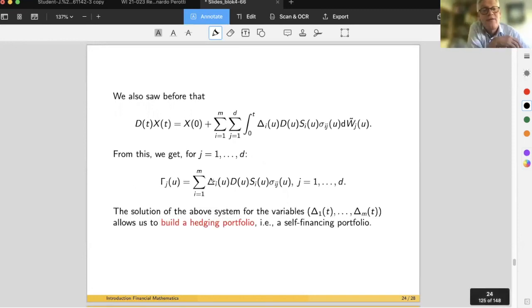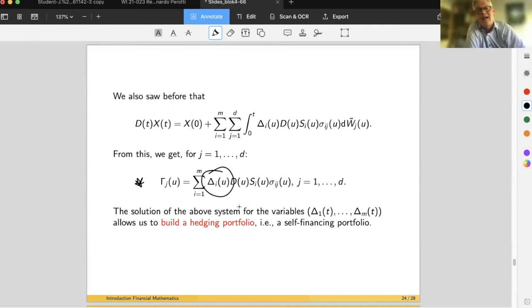And with this, of course, we can use this equality to look for the individual delta_i's. The solution of this system forms the basis for the number of stocks, from stock 1 until stock m: delta_1(t), delta_2(t), up to delta_m(t), the number of stocks that we should keep in our portfolio in order to build a hedging portfolio so that we have a self-financing portfolio.